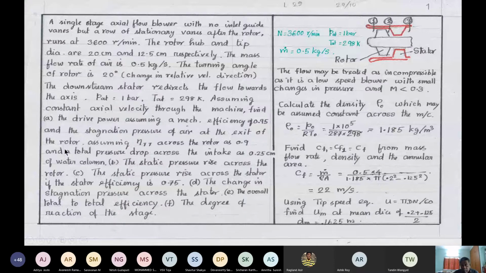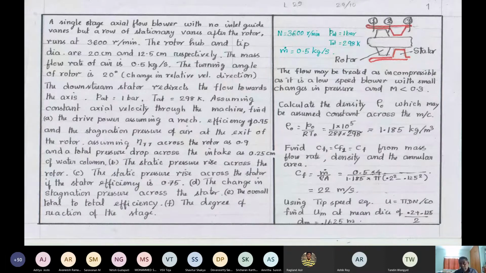So let us try to at least remember a few things. It's about a single stage axial flow blower with no inlet guide vanes, but at the exit there is a row of guide vanes. The stator vanes are there.